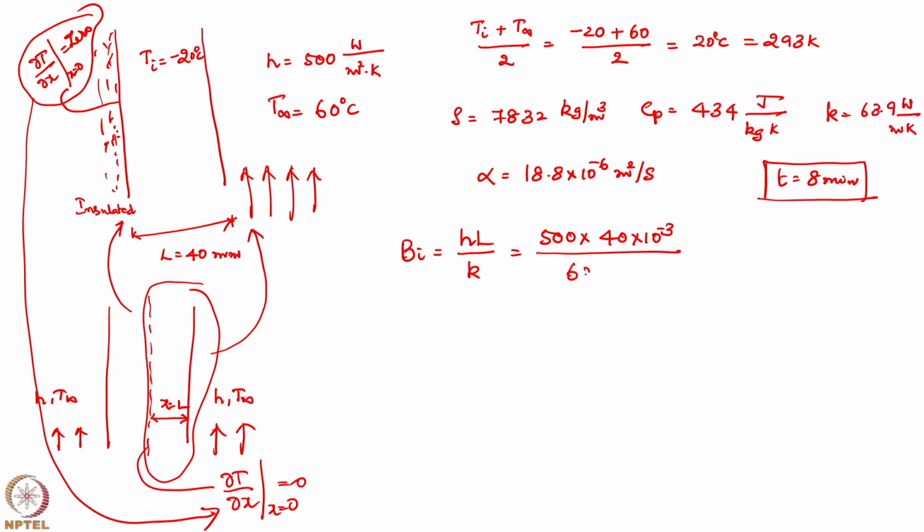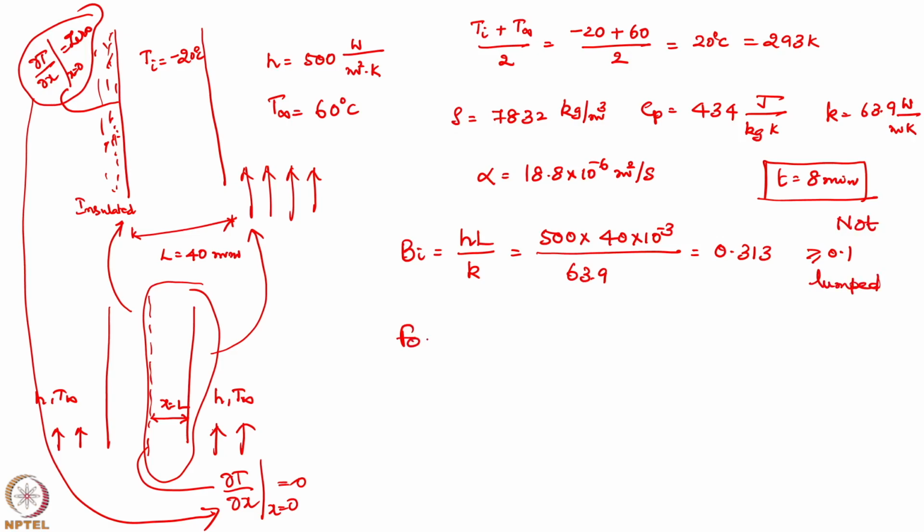So you get a Biot number of 0.313, which is greater than 0.1, so not lumped at all. I have to take the spatial variation into account.